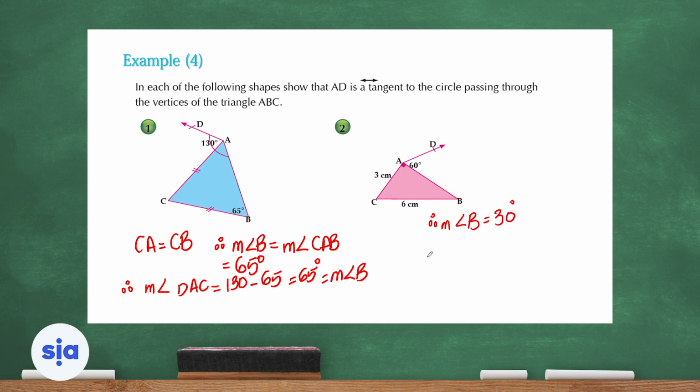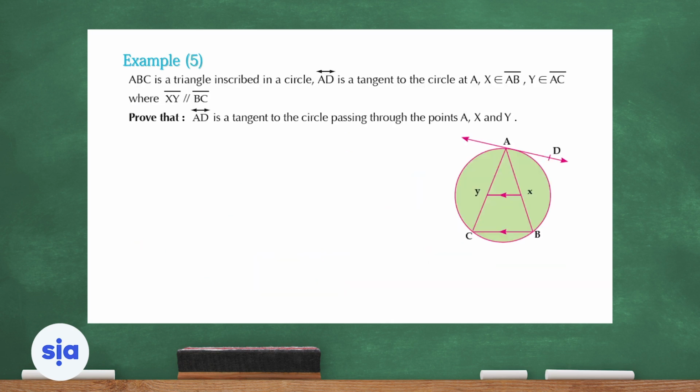Then the measure of angle C is 60 degrees, which is the same as the measure of angle DAB. As you can see, angle DAB is equal to angle C, then AD is a tangent to the circle passing through the vertices of triangle ABC. Let's check example 5.